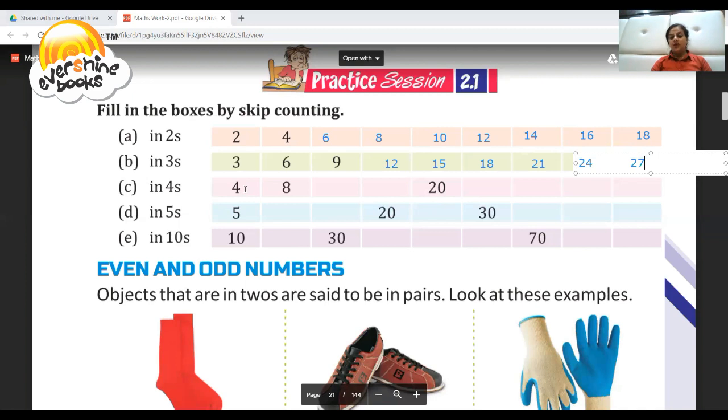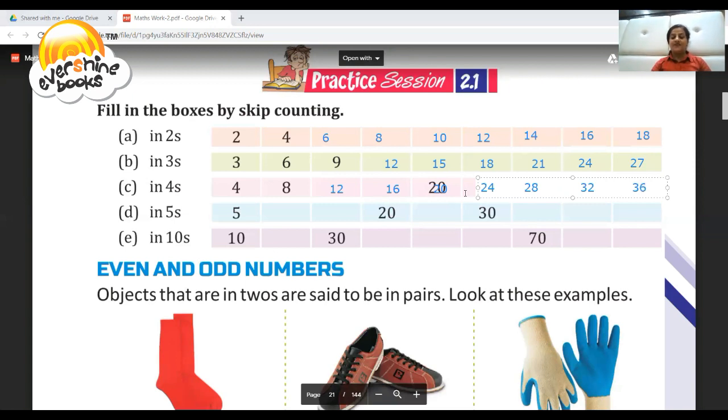That is 4 is written, 5, 6, 7 left out. 8 is written, 9, 10, 11 is left out and 12 is written. 13, 14, 15 is left out and 16 is written. 17, 18, 19 is left out. 20 is written. 21, 22, 23 left out, 24 is written. 25, 26, 27, 28 is written. 29, 30, 31, 32 is written. 33, 34, 35, 36 is written.